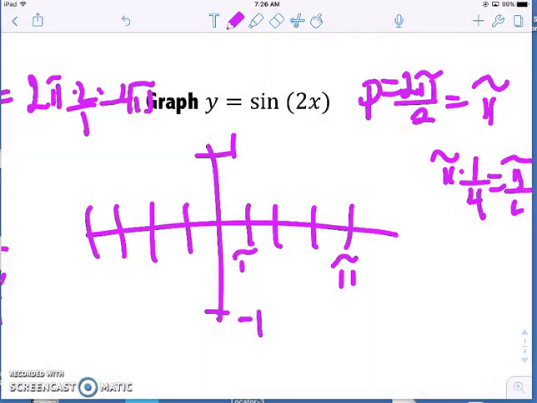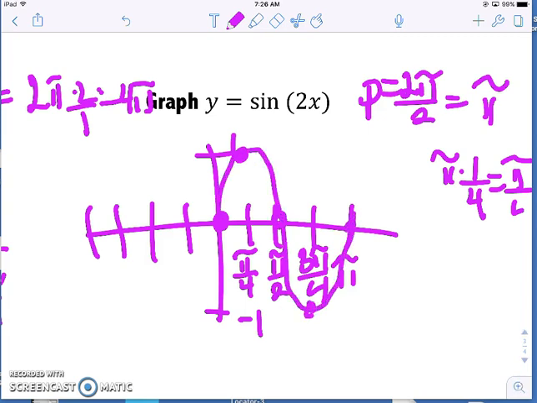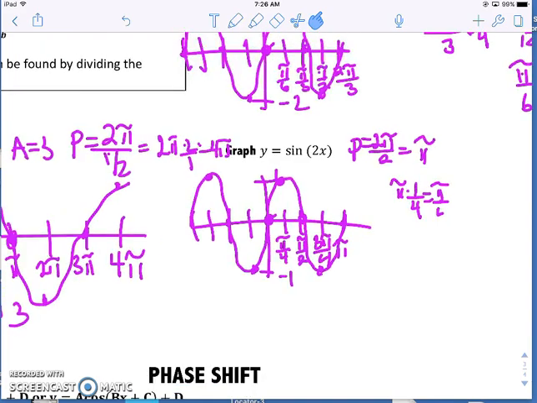So we have 1 pi over 4, 2 pi over 4, pi over 2, 3 pi over 4. Sine starts in the middle, so it goes middle, high, middle, low, middle. Continue that pattern on this side, and we have our sine curve.